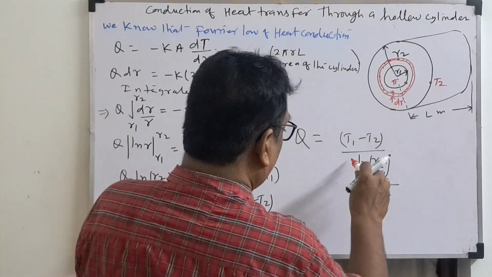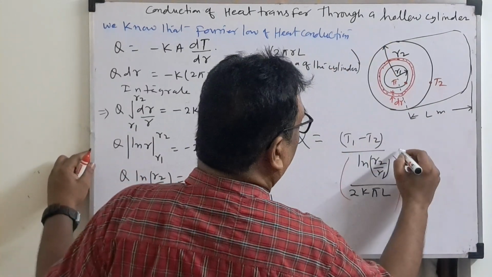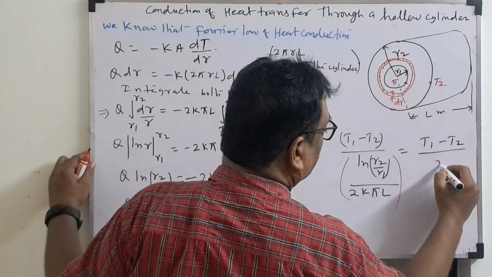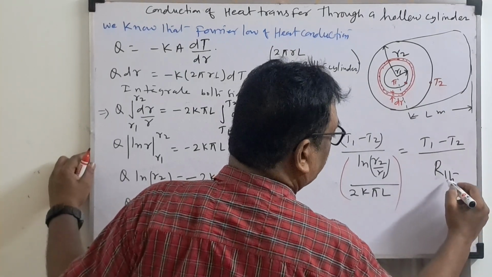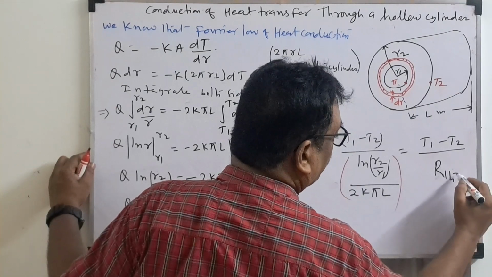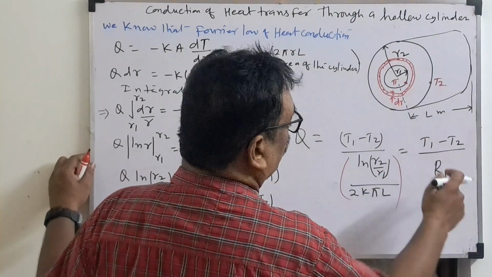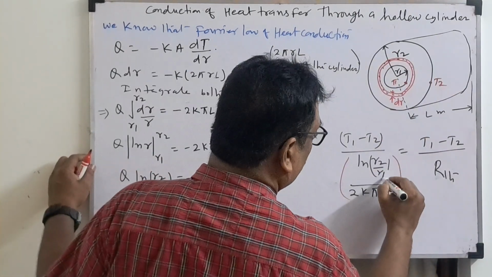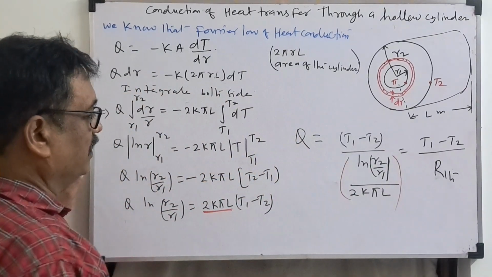This is the thermal resistance for the hollow cylinder. So this is the overall temperature difference divided by R thermal. So R thermal is equal to ln R2 by R1 divided by 2 pi K L.